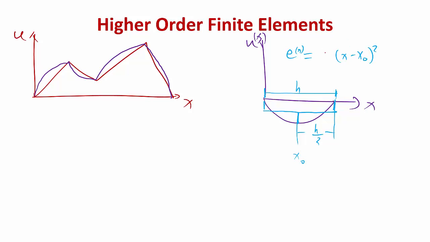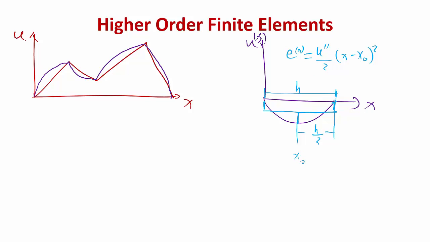What is that constant given the curvature of this function? Let's say we have a u double prime. Should I divide by something or multiply by something? I need to divide by 2, exactly right, so that I get the same curvature.